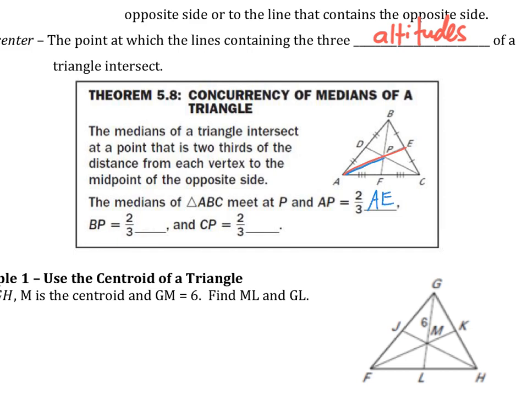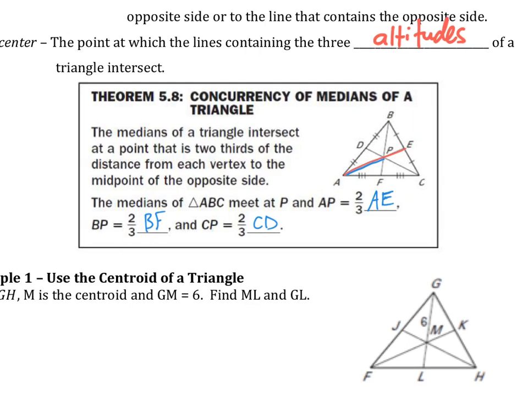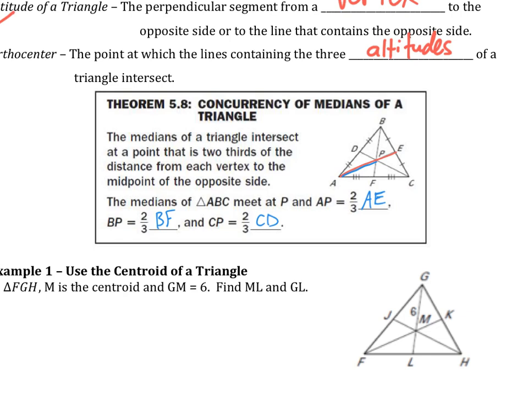So it's 2/3 of the entire distance. Likewise, BP is 2/3 of BF. And CP is 2/3 of CD. So 2/3. Medians are 2/3. They intersect at a point that is 2/3 of the way across.